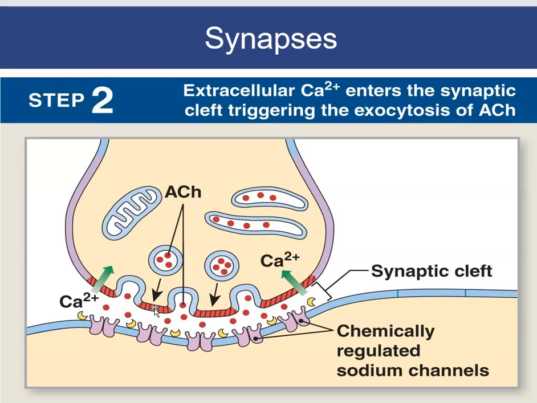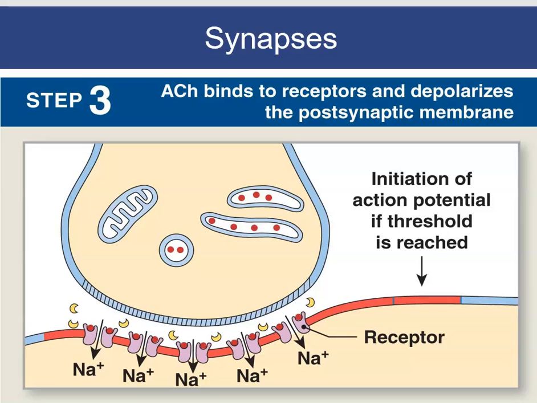The release of acetylcholine, though, will stop very quickly because calcium will be rapidly removed from the cytoplasm of the synaptic knob. It doesn't stick around very long. Acetylcholine will now cross the synaptic cleft and bind to receptors on the postsynaptic membrane. This will cause that postsynaptic membrane to become depolarized. These are sodium-gated channels, and therefore it increases the membrane's permeability to sodium.